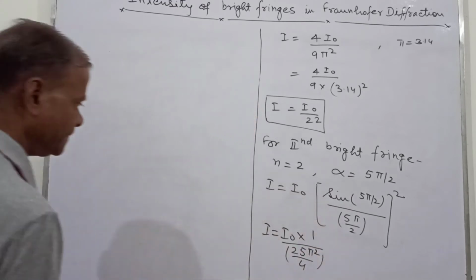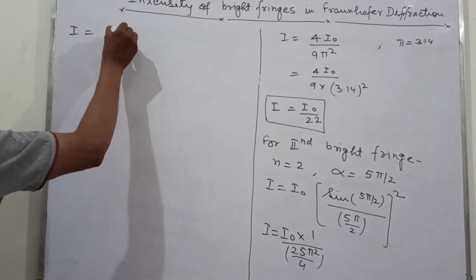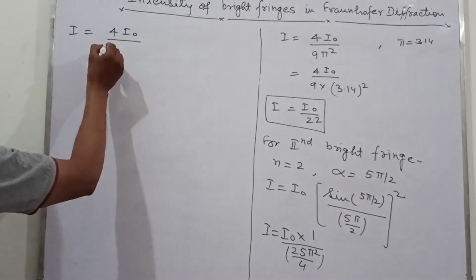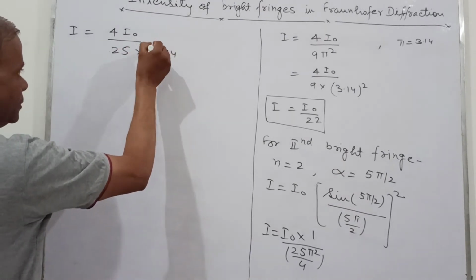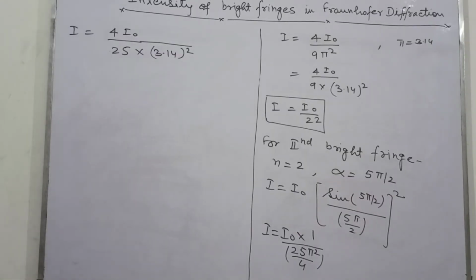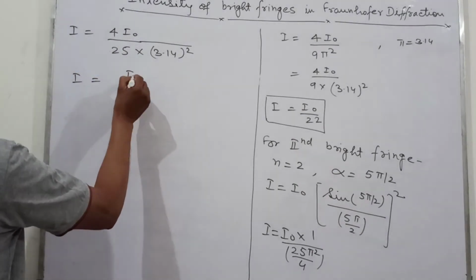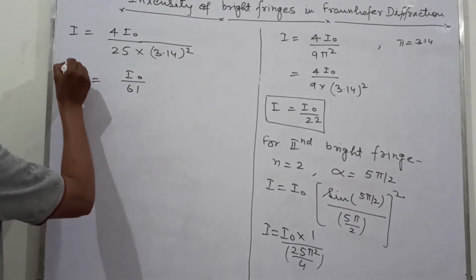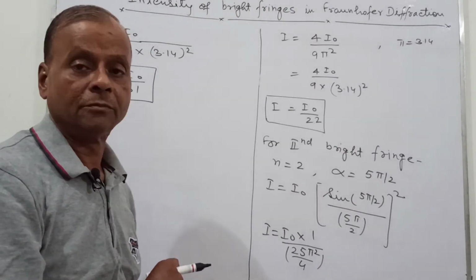So this I is equal to 4 I naught upon 25 into 3.14 whole square. So now if you see it, then this I is equal to I naught upon 61. This is for the second Bragg fringe.